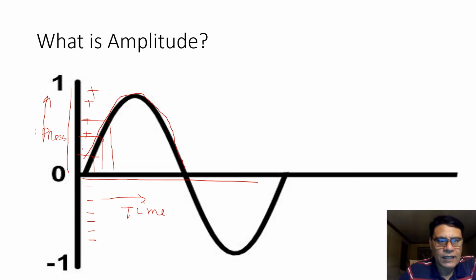The ascending curve represents the increasing value of the pressure and density, and the descending curve represents the decreasing value of the pressure and density. Now, when pressure and density keep on increasing with the lapse of time, at one point it attains the maximum value, and if we take the distance from the maximum value of the pressure to the zero line, this is called amplitude.